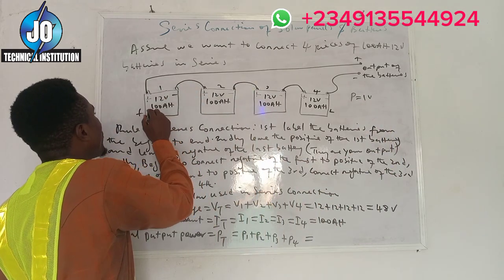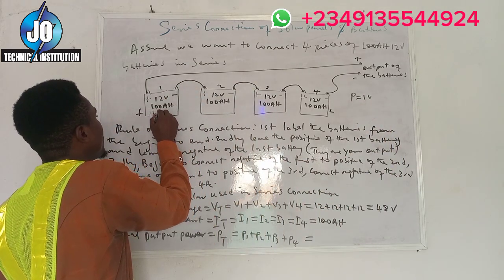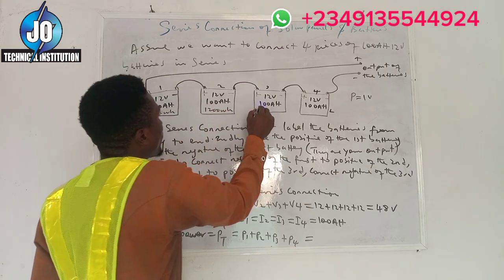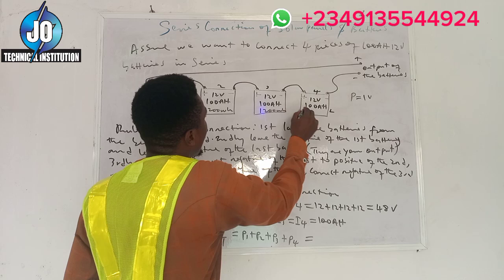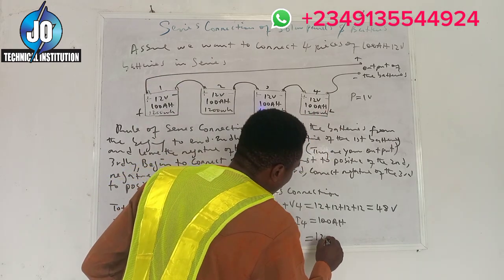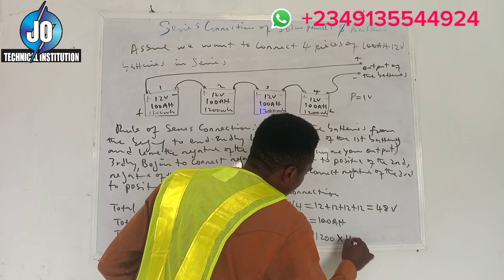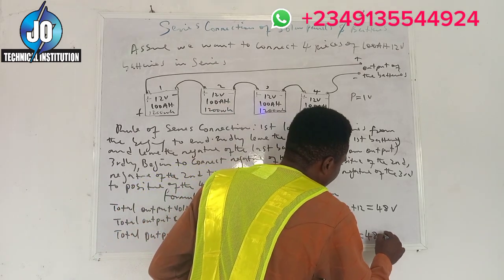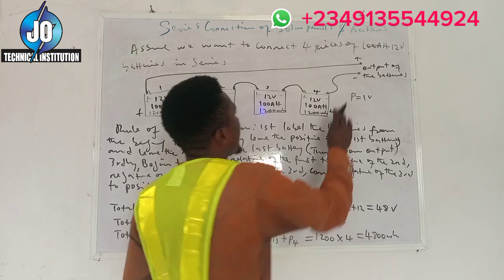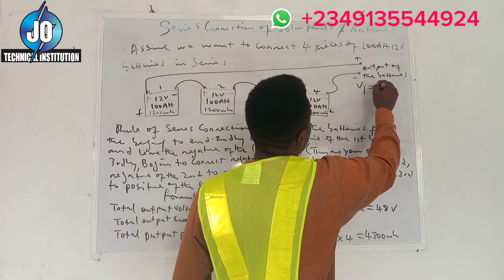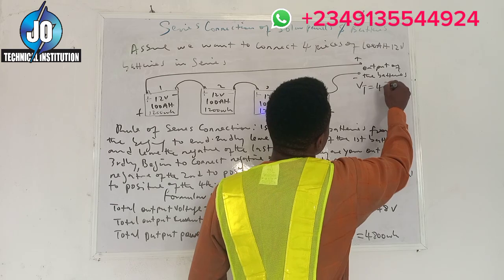So 12 times 100 will give us 1200 watt hour. This one is the same thing, 1200 watt hour each. So you can just do 1200 times 4, which gives you 4800 watt hour. In conclusion, the output voltage, V total, is 48 volts.